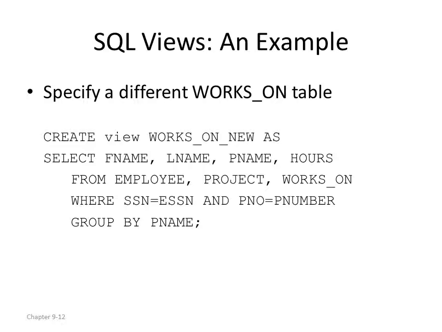You can see that we have a view, the new view name, first name, last name, project name, hours, from employee, project, works on, which combines the three tables or relations by taking help of the social security number and the project number.